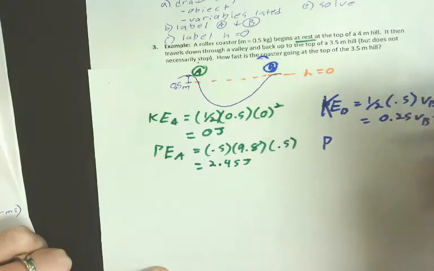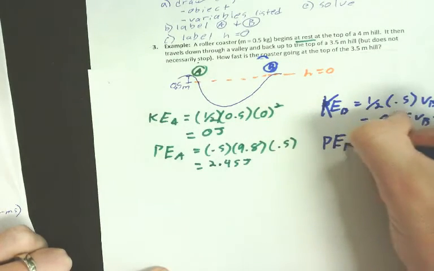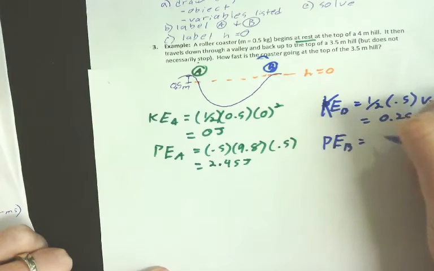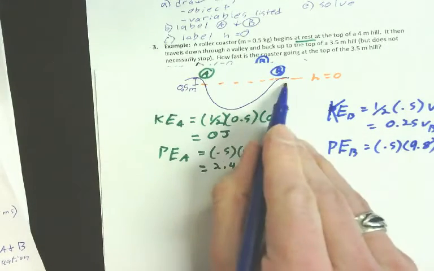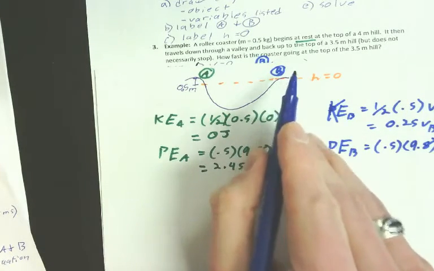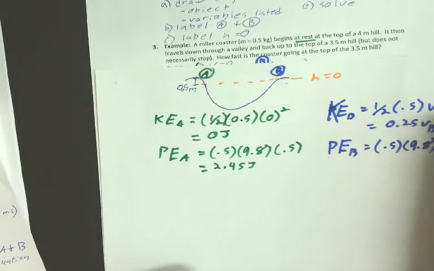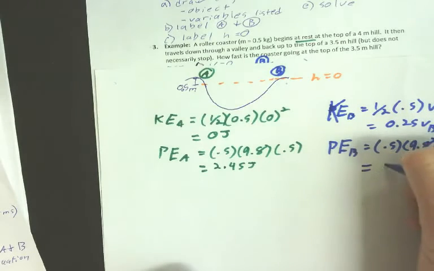This is kinetic, not potential. Now the potential at B. mgh, 0.5 times 9.8. But now, here's where the height gets interesting. The height at B is 0, because B is 0, which makes my potential at B 0.